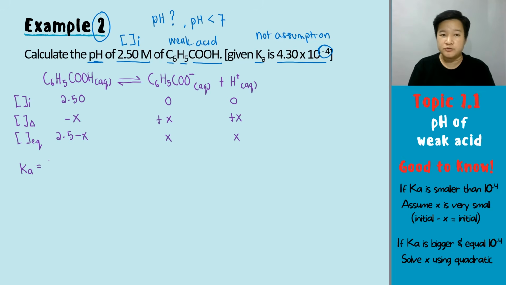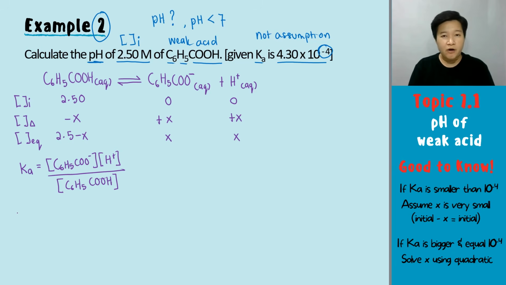Next step, we are going to write the formula of your Ka. Ka will be equal to the products over the reactant, so you have the concentration of C6H5COO minus times the concentration of your H plus over the concentration of your C6H5COOH. Alright, your benzoic acid over here.